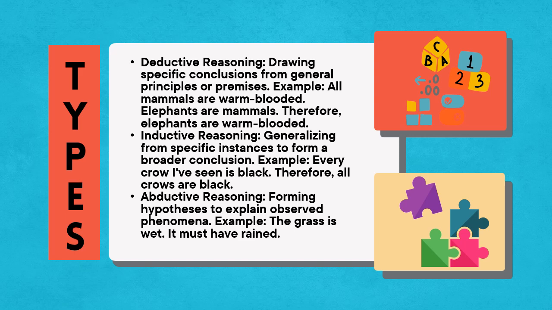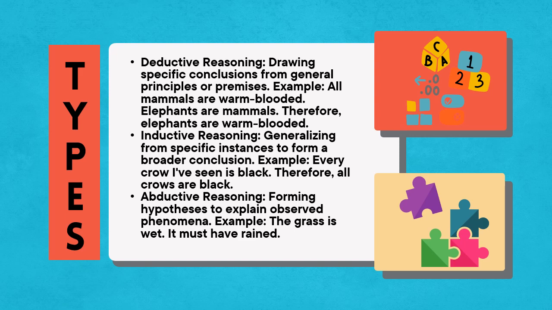So it's not necessary, because you have not observed each crow, but you are just forming your judgment or decision that all crows are black because the crows you've observed were black, maybe other crows may not be, right? So this is inductive reasoning.